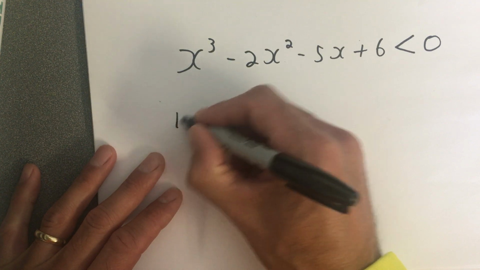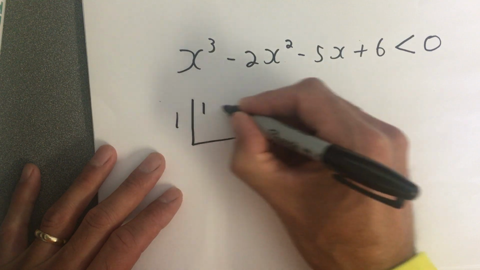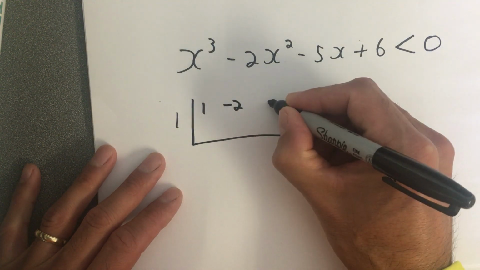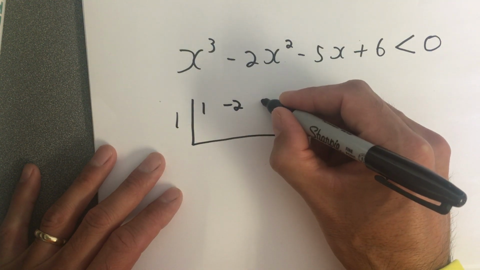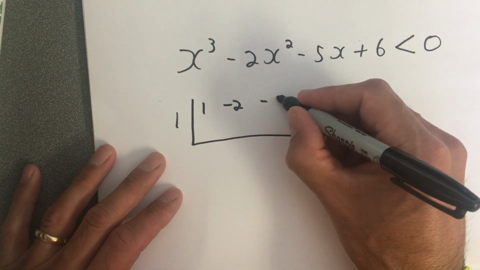So I'm going to put a 1 here. I'm obviously going to divide this synthetically because it's faster. If you're not sure how to do this, just watch the video on dividing polynomials and then watch the video on synthetic division to make sense of this.